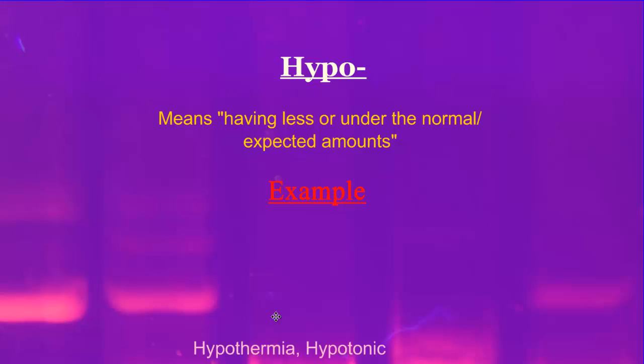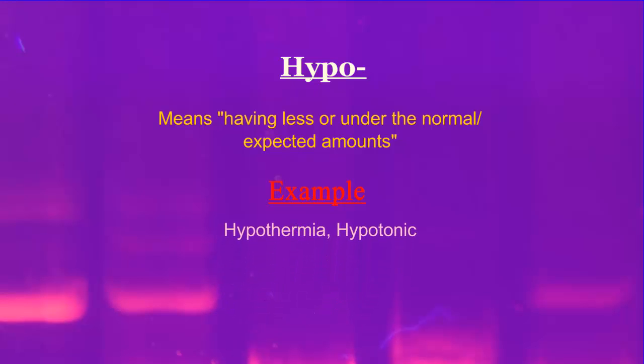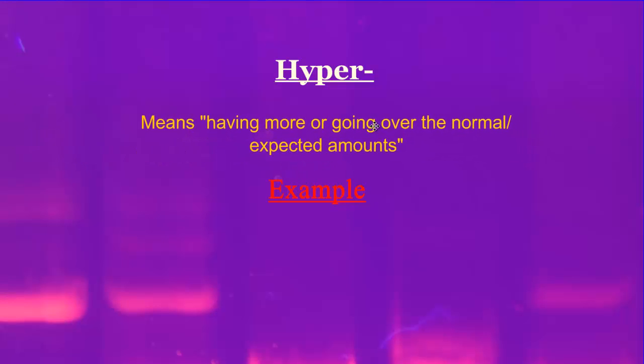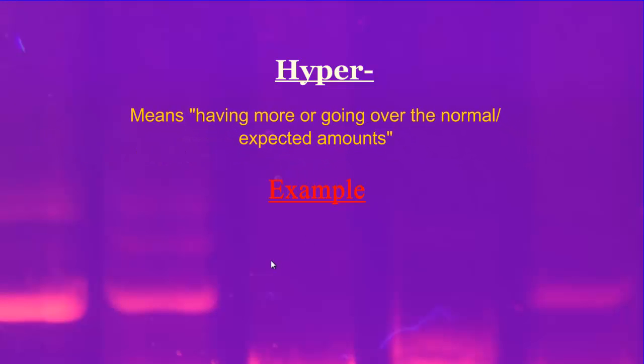We use hypo in words like hypothermia or hypotonic. The opposite of hypo is hyper. Hyper is a prefix that means having more or going over the normal or expected amounts. For example, we use it in words like hyperactive, hypertonic, or hypersensitive.